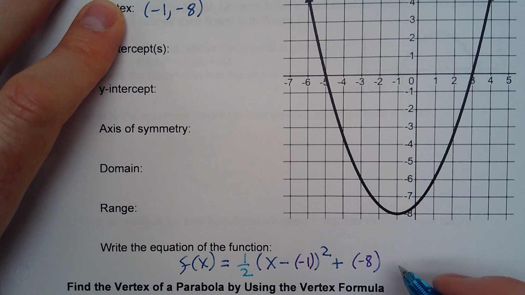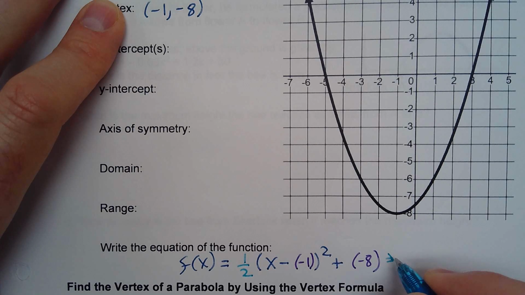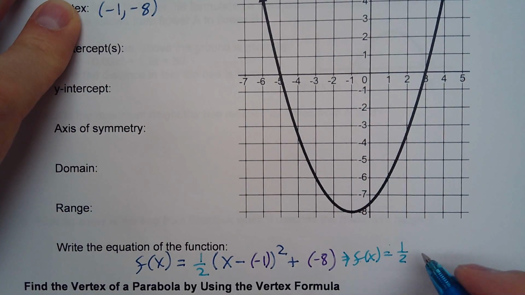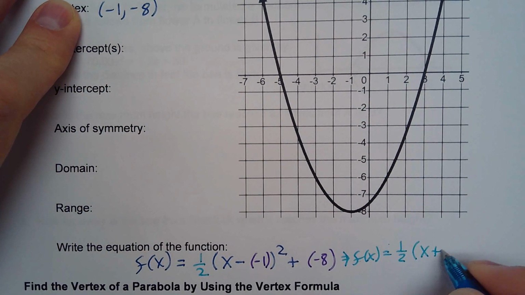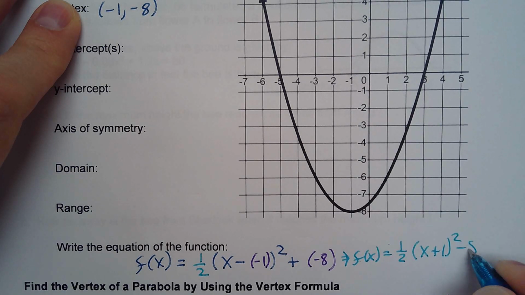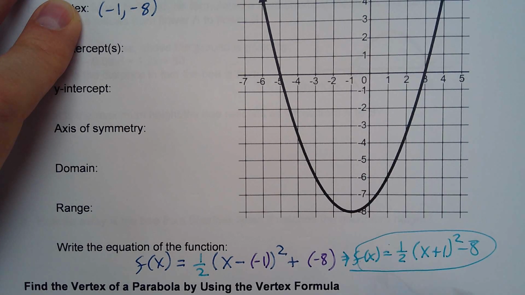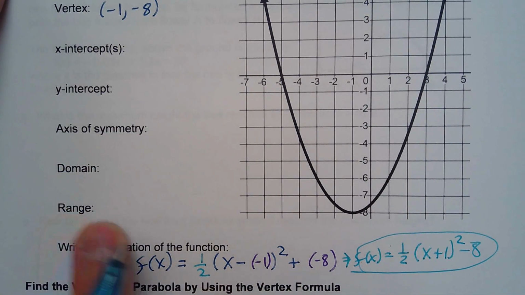And let's go ahead and clean this up. It's 1/2 (x plus 1) squared minus 8. So I really don't need to do these other parts just to get the equation.